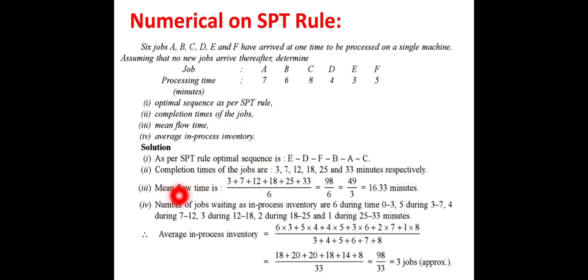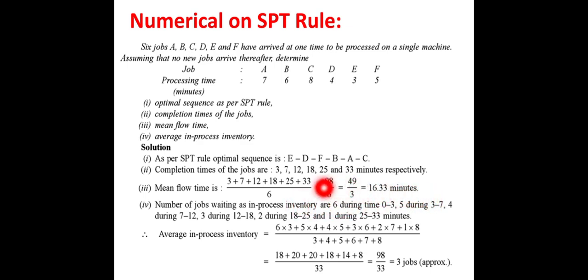Next, the number of jobs waiting as in-process inventory is calculated. At the start there are 6 jobs and the time taken is 3, so we multiply 6 into 3. Plus, when D is performing, the number of jobs in process is 5, the time taken is 7 minus 3, which is 4, so we multiply it by 5.